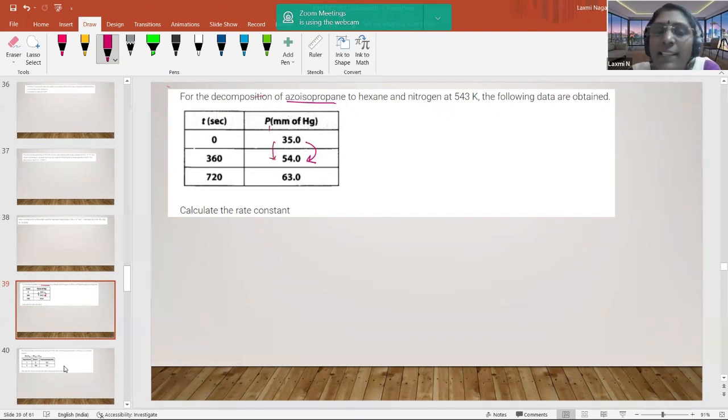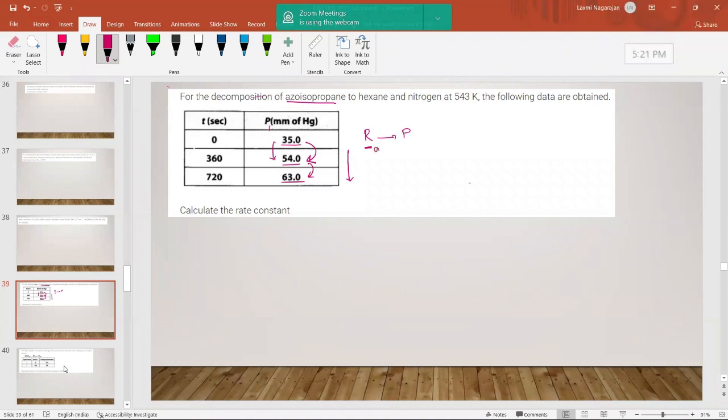We have always seen the reactants becoming products, and the concentration of the reactants would always decrease. Children are fixed with that idea, but here they are confused about why the 35 mm of Hg is increasing to 54 and then going to 63.